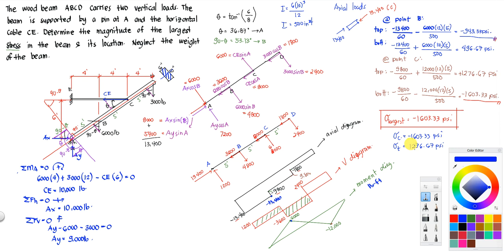So, whether it is tension or compression, you have to compare the four. Pero, if ang tanong lang is the largest tension, you have to compare only the tension. And if ang tanong is compression, you just need to compare the compression. Okay po? So, that's it for this problem. I'll give you 5 minutes to copy.